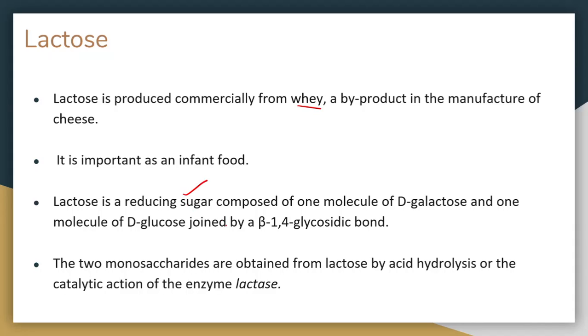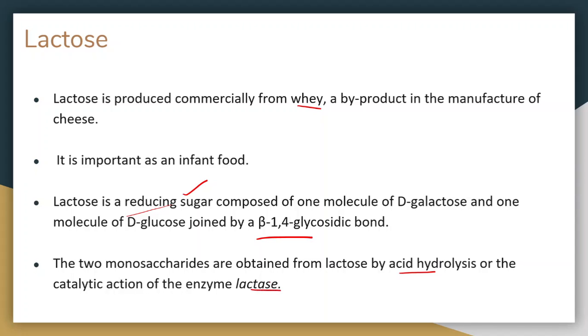It is again a reducing sugar, and it is made up of galactose and glucose, which are joined by a beta 1,4-glycosidic bond. So beta means the carbon is above the plane of the ring. The two monosaccharides are obtained from lactose by acid hydrolysis or by the enzyme lactase.